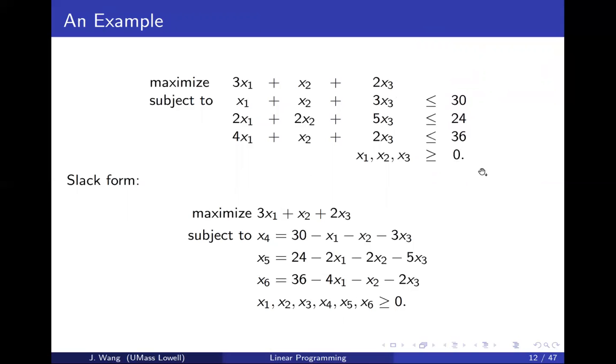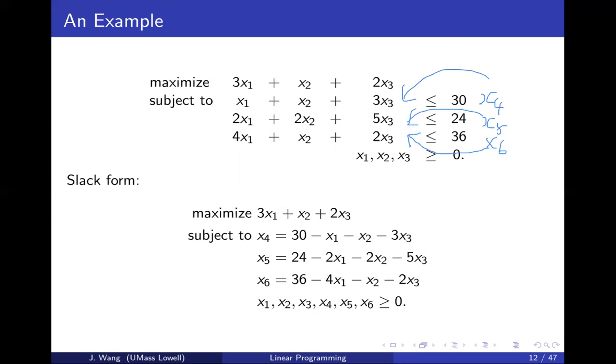So now we're going to introduce for each constraint a slack variable. We're going to call them x4, x5, x6. We're going to put them on the left-hand side, and make each of these constraints become an equality.